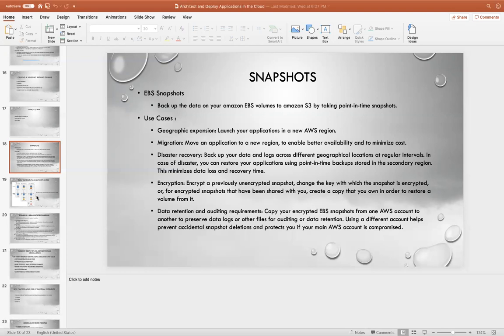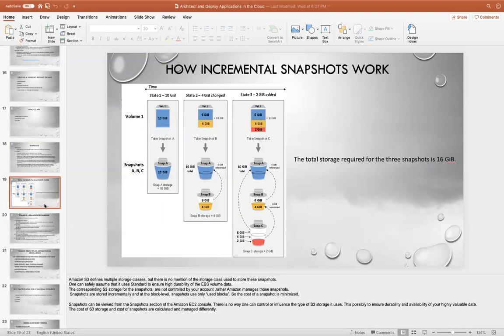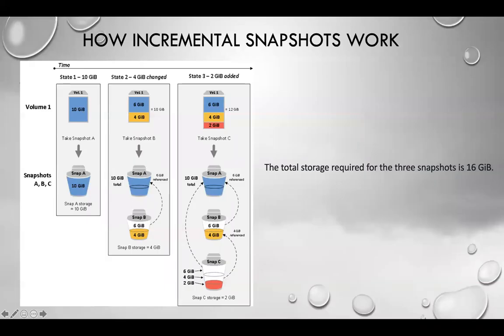Why it is cheaper is, again, one example I just wanted to give here, how snapshots are taken. It is not always the case that you have to take a full snapshot. Suppose, let's see, this is called a point-in-time snapshot.